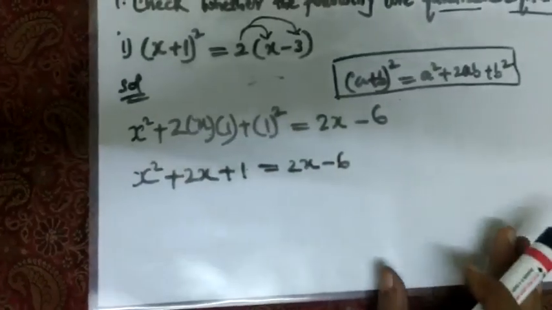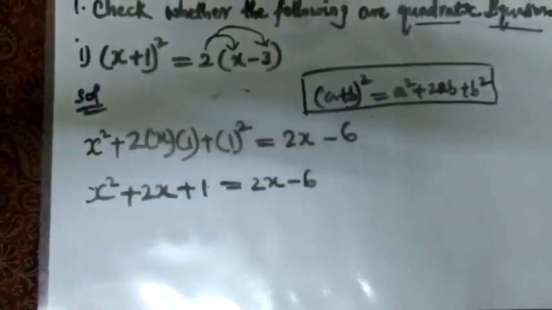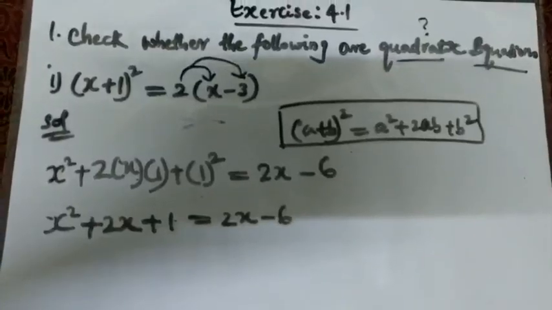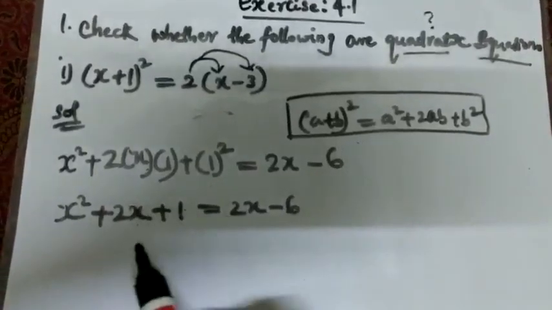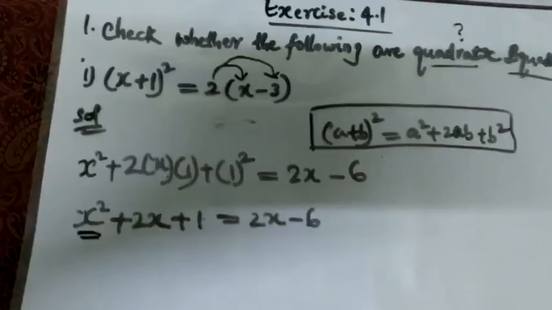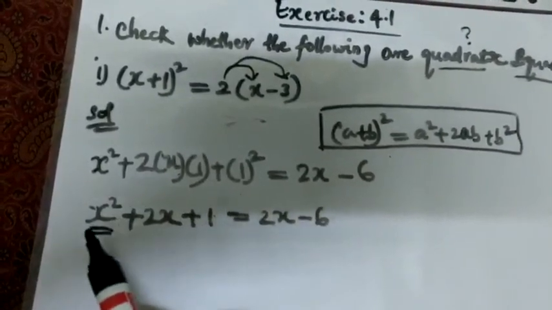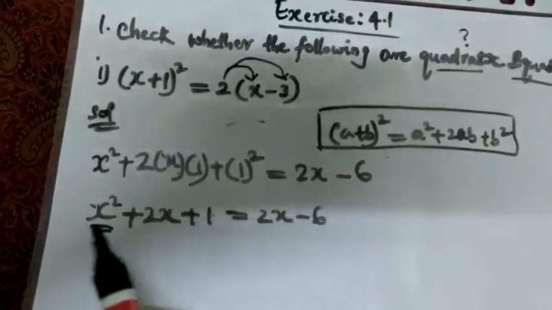So I'll just give you one basic tip here. Whenever you have opened any bracket, always keep your x squared positive. Means if I want to collect all the terms together, I will not transpose x square. I want to keep it positive.